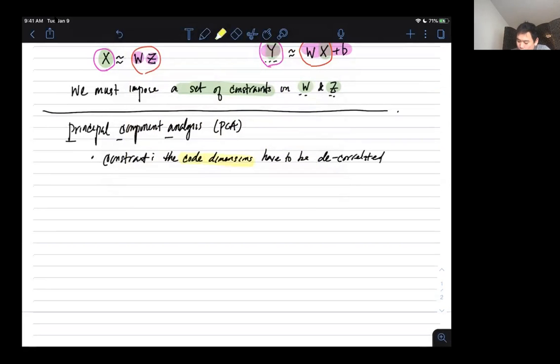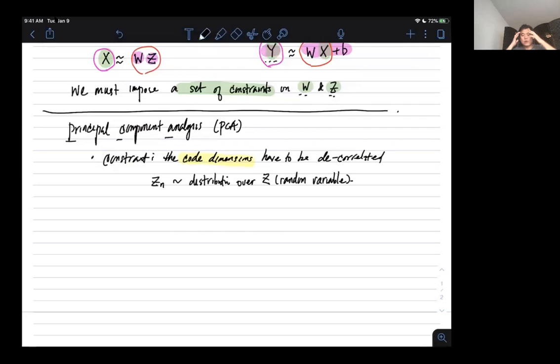So what do we mean by the code dimensions? In this specific case, we look at each Z. We're going to look at an individual Z as a sample from some distribution over Z. Z is used a bit too much, but you'll have to work with me. So it's going to be a random variable.